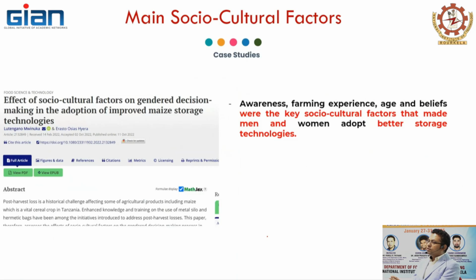So there was always campaigning from the FAO, as well as the government, on what advancement they are supposed to do. Though the technology is cheaper, it's helping them keep their product for a longer period. But coming to the social factors, they are ready to adopt this storage practice once they know its importance.